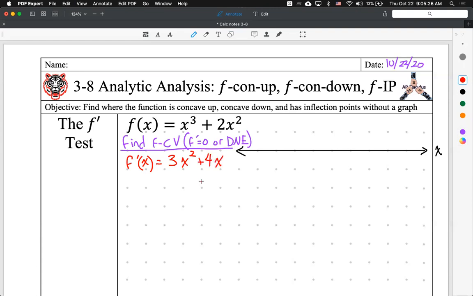Chris, what are we doing with Teflon's derivative? Okay, so the definition of FCV is you set f prime equal to 0. So here's f prime, 3x squared plus 4x.